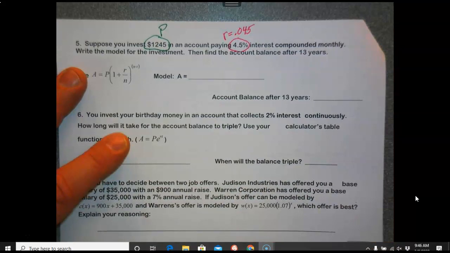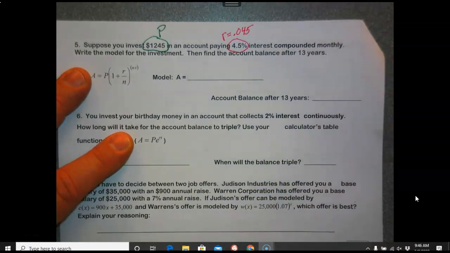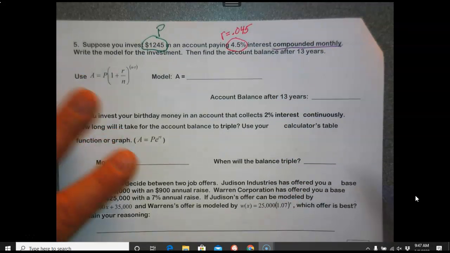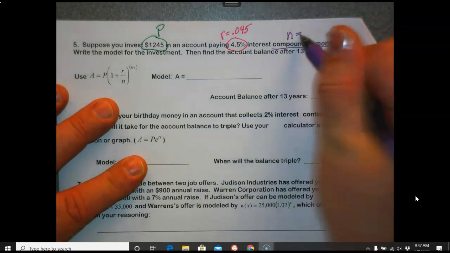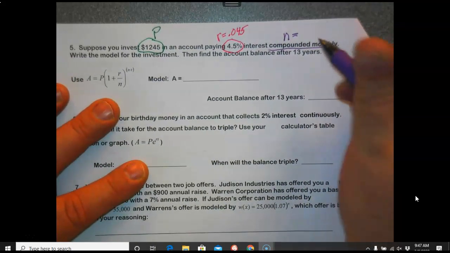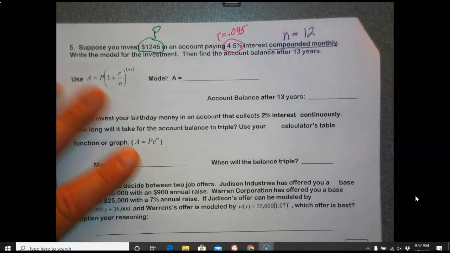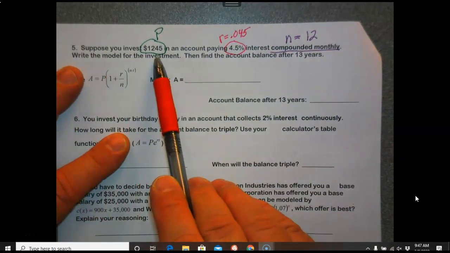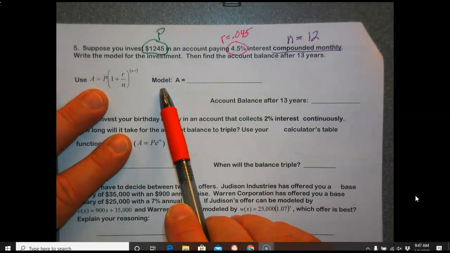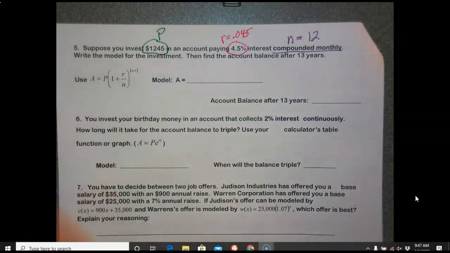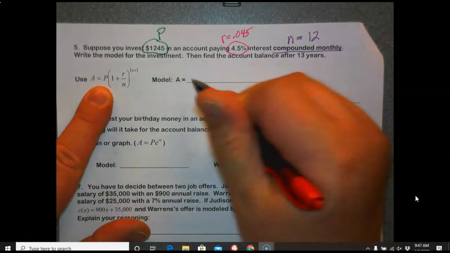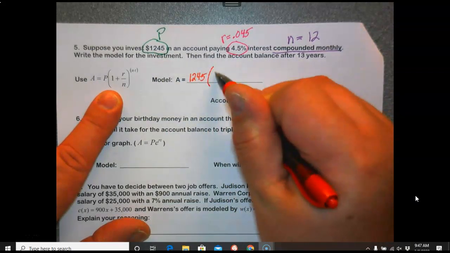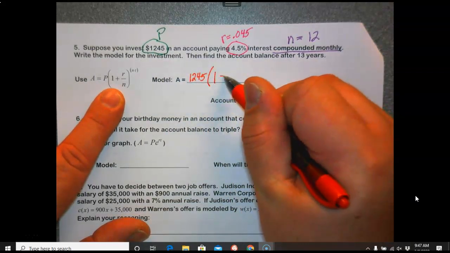Compounded monthly. Now, we have that word compounded. That's our n. And how many months in a year? Well, there's 12. Step 1, write the model for the investment. So again, the model is going to have a variable. I've got my P, which is 1245, times 1. It's paying me, so it's a growth.